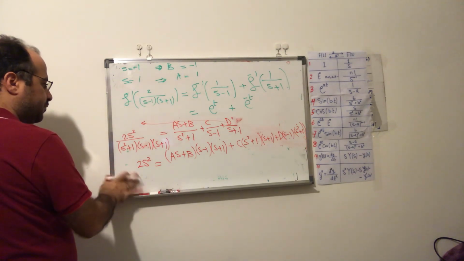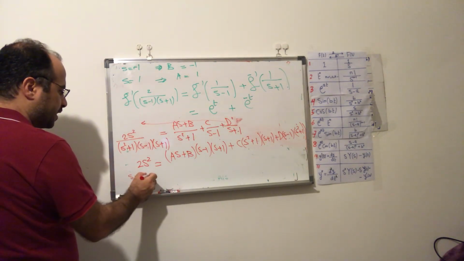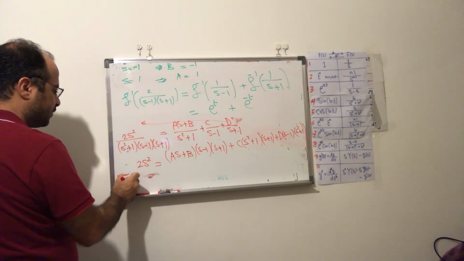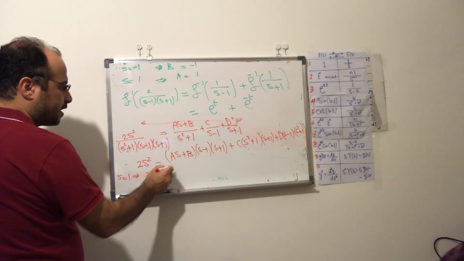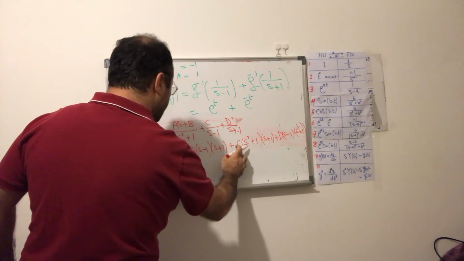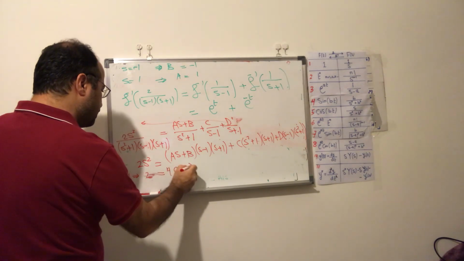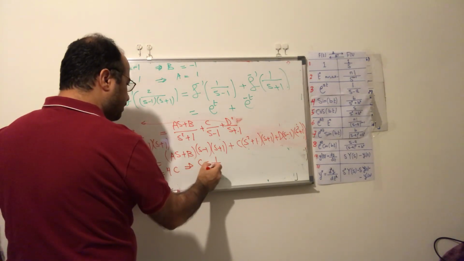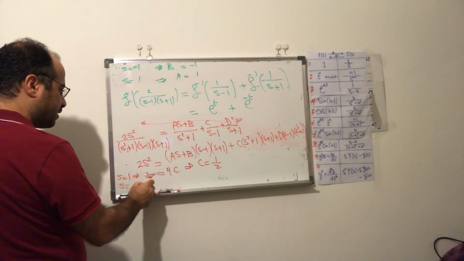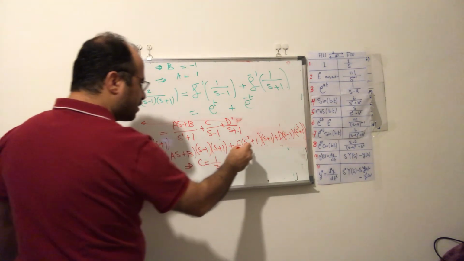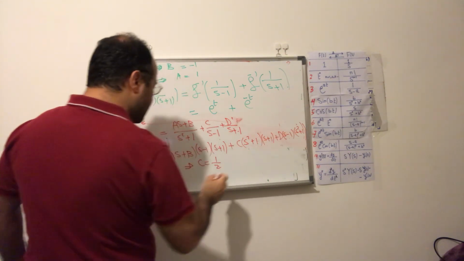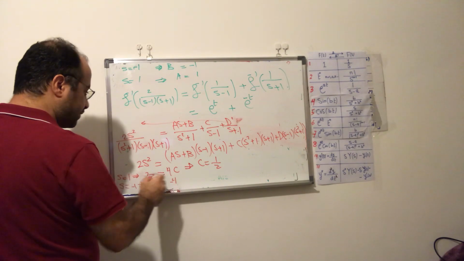Now going one by one, taking s equal to 1, this side will give you 2, but that side will kill this, and you will get 2 equals 4C, then you get C equal half. And then again, if you go with s equal to minus 1, this side will be 2 again, this side will be 0, this side will be 0, and this side will be minus 4D. So it will be minus 4.